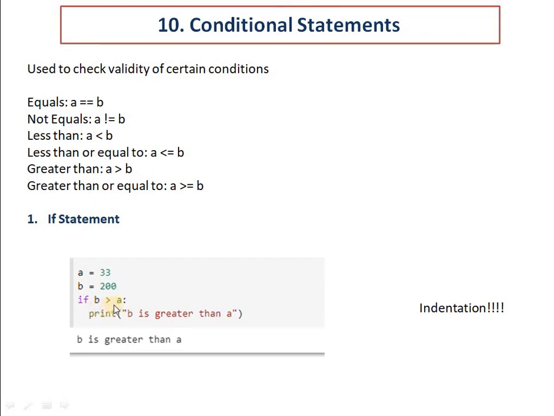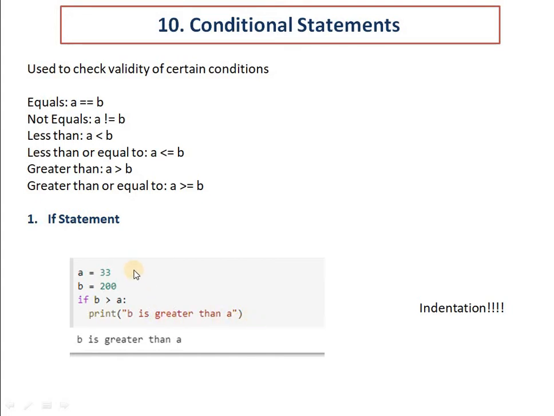If B greater than A colon, which checks whether B is greater than A or not. Okay, and I am telling print B is greater than A. If this condition checking is true, it will print B is greater than A.